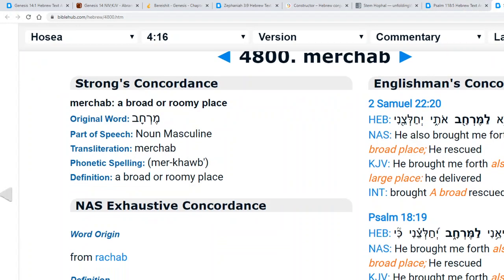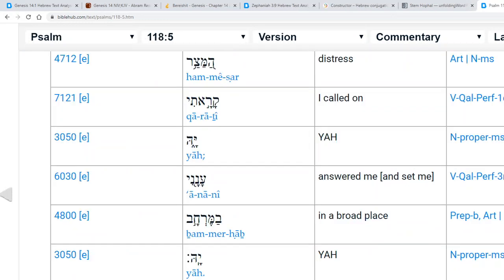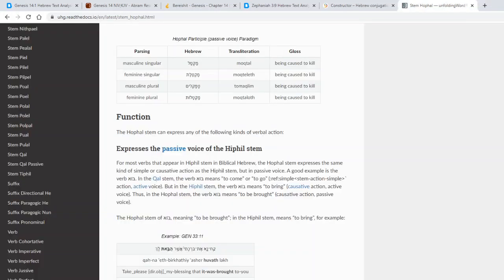Okay, so that was my little exposition of two-letter roots and three-letter roots, two radical roots, three radical, right? We refer to those letters as radicals because they're part of the roots.